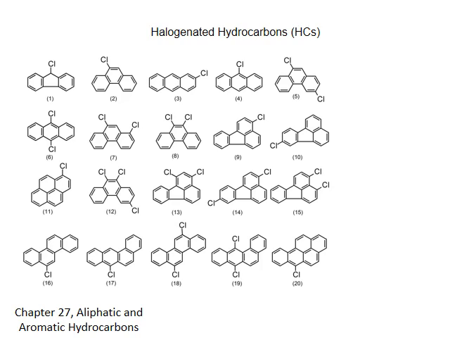As we can see, there's a high degree of aromatization here, so these can be classified as aromatic hydrocarbons that are halogenated. And many of these compounds are encountered in industrial use.